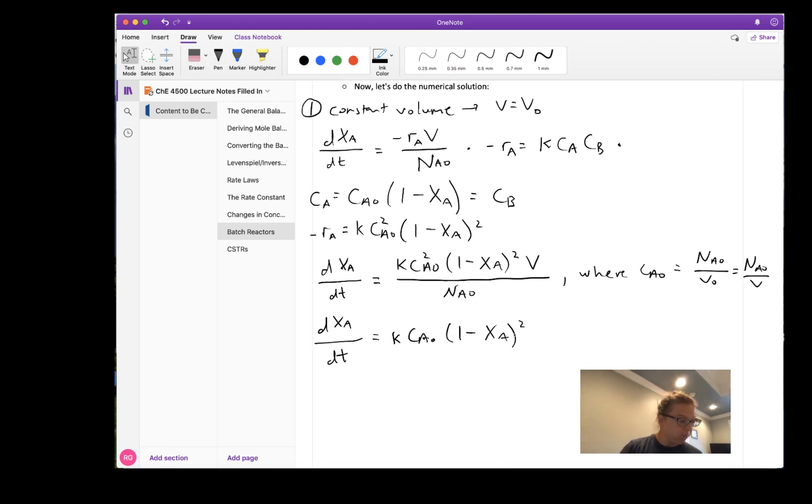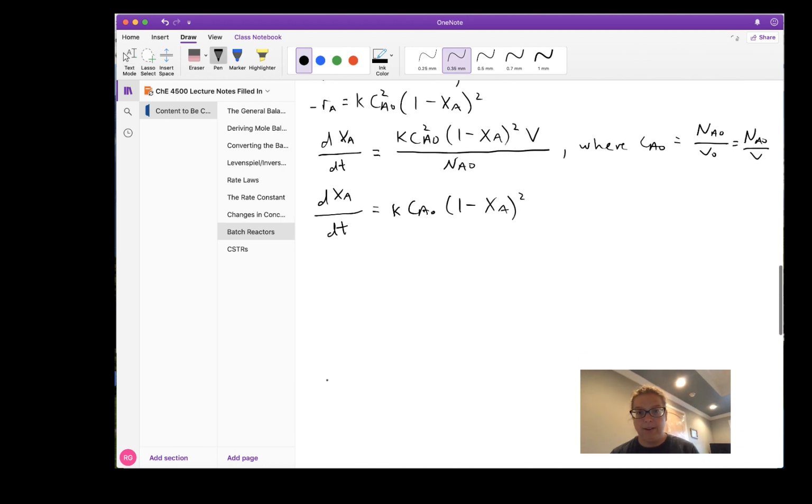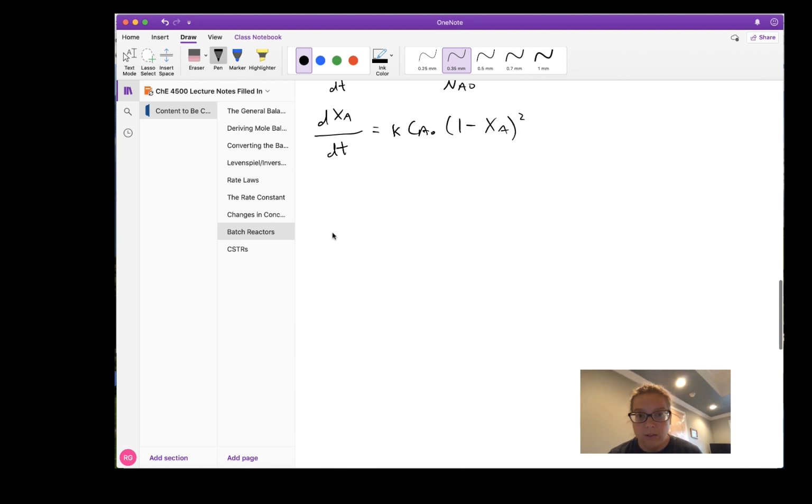And the next step now is to separate the variables and solve this thing. To do that, I would say dXA divided by (1 minus XA) squared is equal to k CA0 times dt. So I'm going to integrate this.